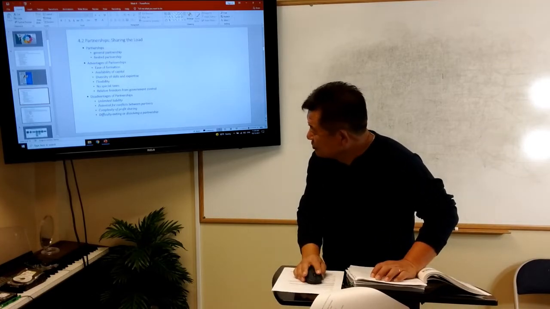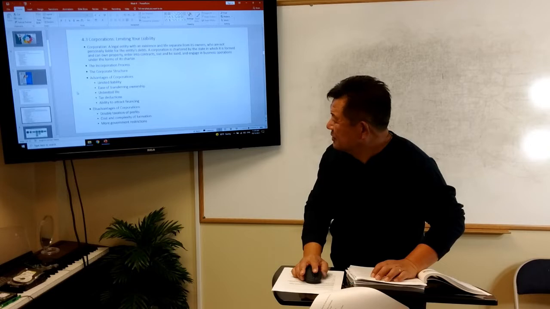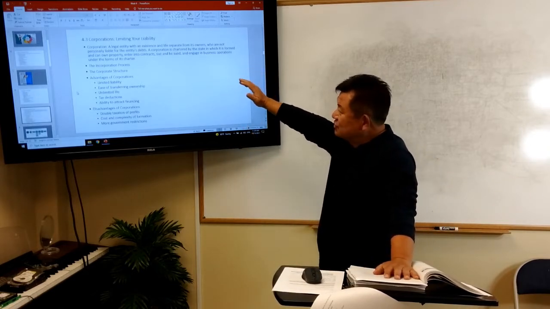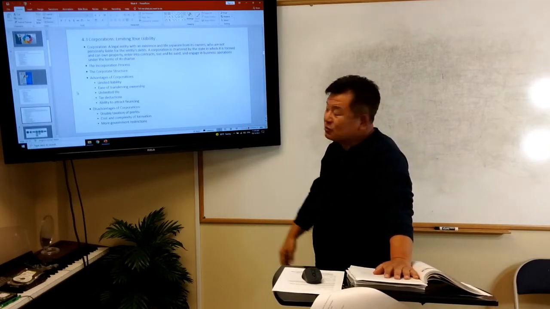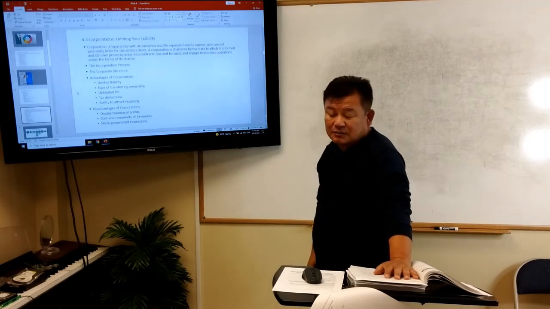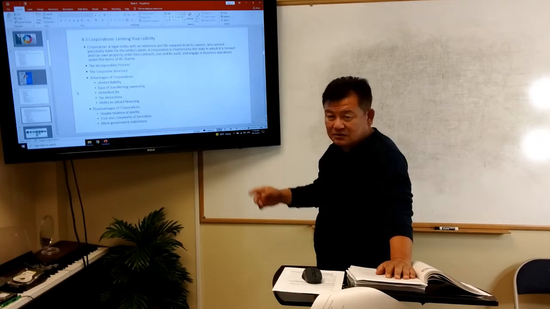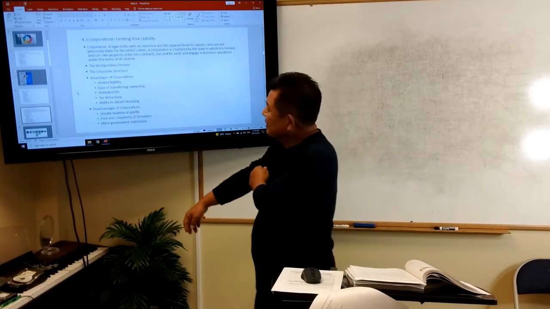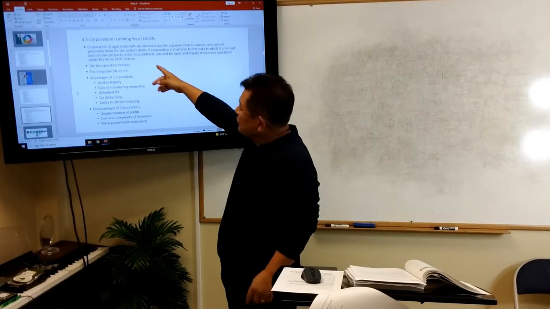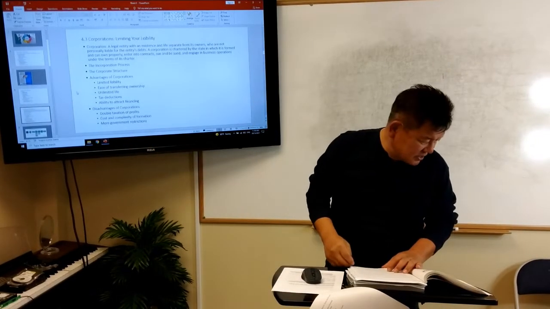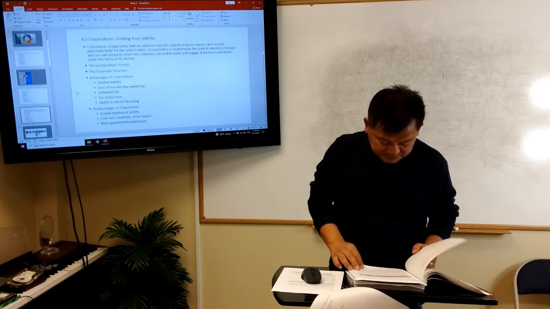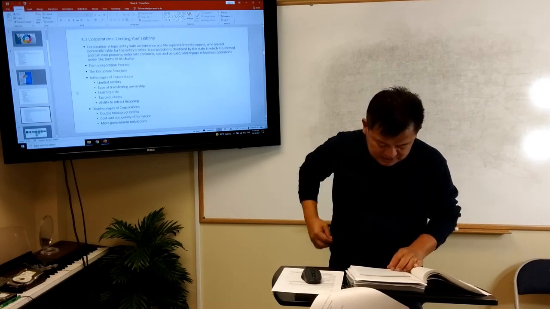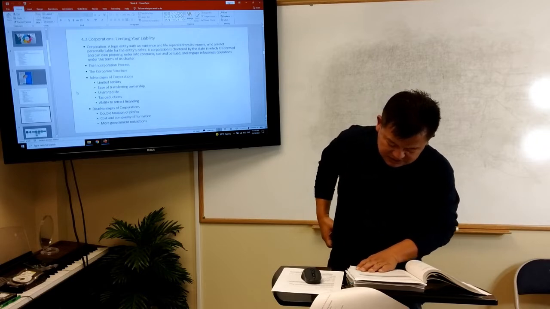Okay, let's move to the corporation. Sole proprietorship, partnership, and corporation. Most companies pursue the corporation as better, but the number of sole proprietorships outnumbers the majority of corporations. Anyway, a corporation is a legal entity subject to the laws of the state in which it is formed.